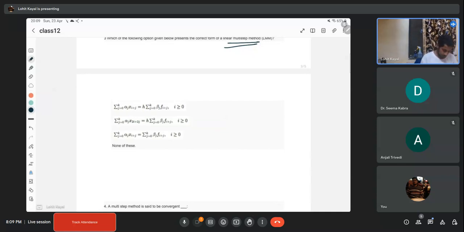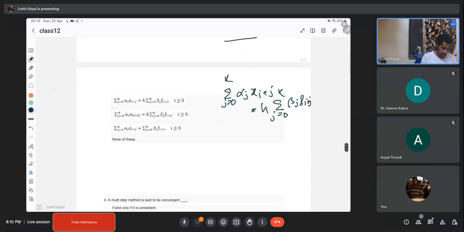So this is the first option, that is summation j equal to 0 to k alpha j x i plus j equal to h summation j equal to 0 to k beta j f of i plus j. Okay. Now see, now the second, now you see that in the third option there is no h, so there should be one h, so obviously this option is not correct.